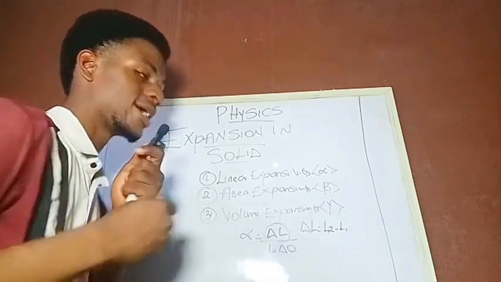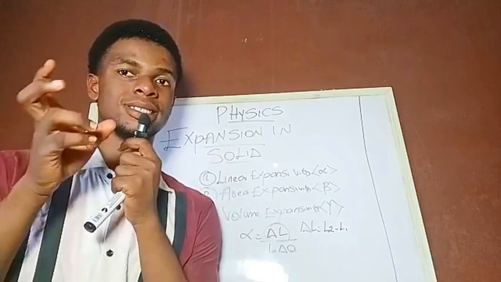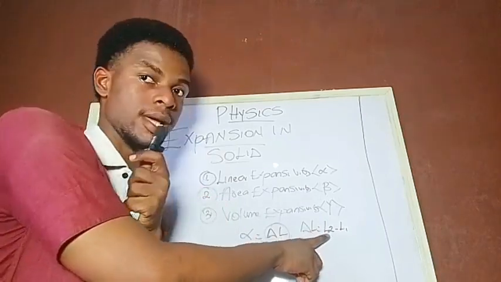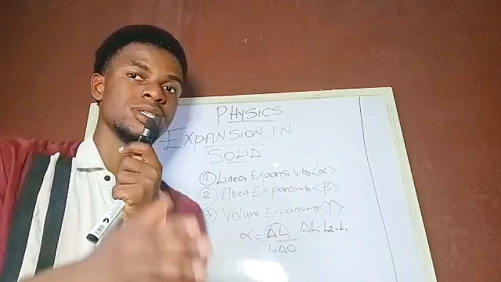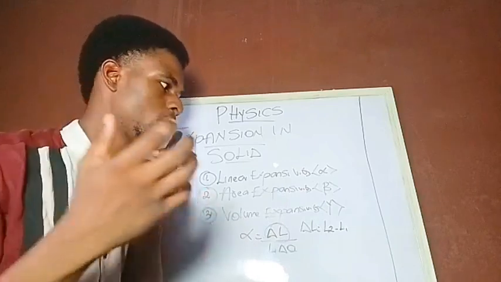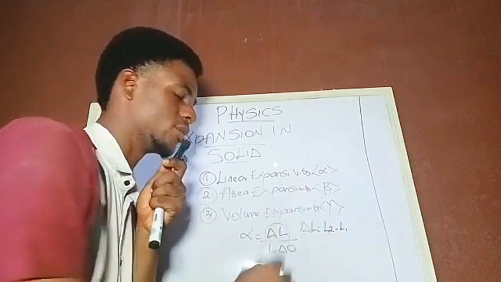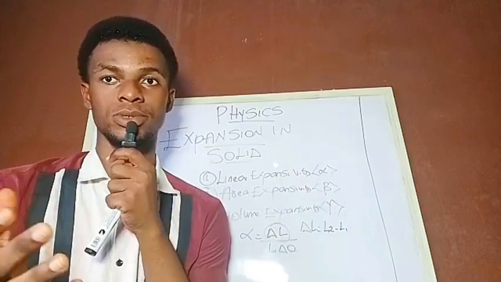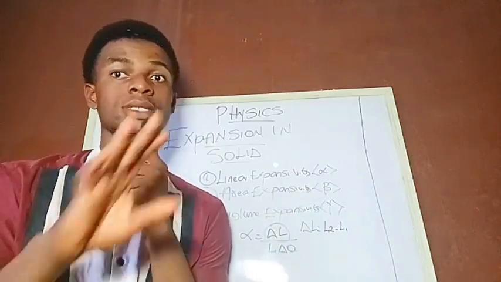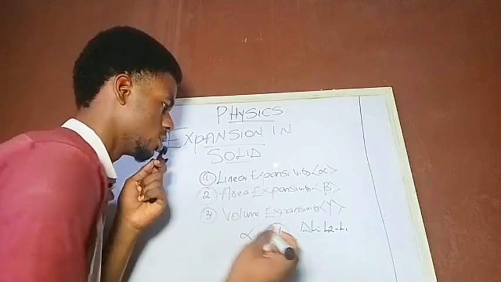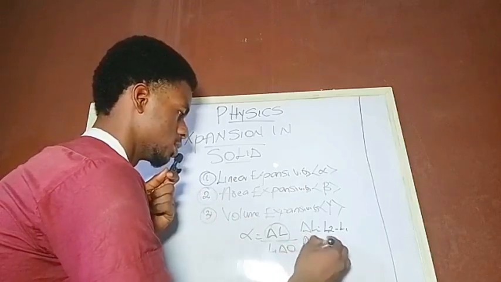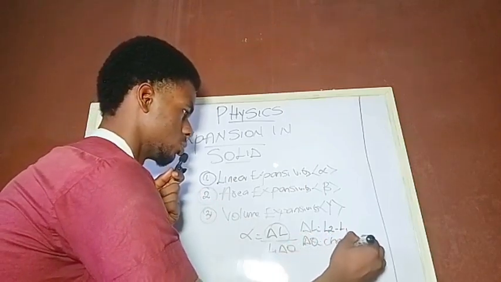So let's say two lengths are given to you. The second length is regarded as L2, and L1 is the first length. People can also say it as the final length minus the initial length. If you see it in some textbooks or online, it's still the same thing. This other part is the change in temperature.